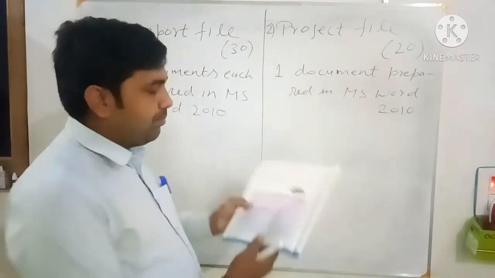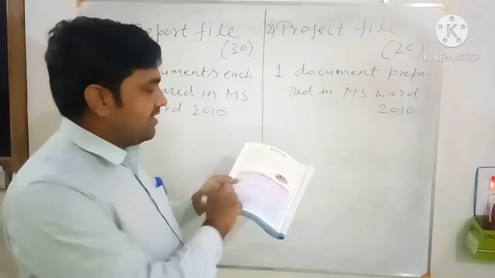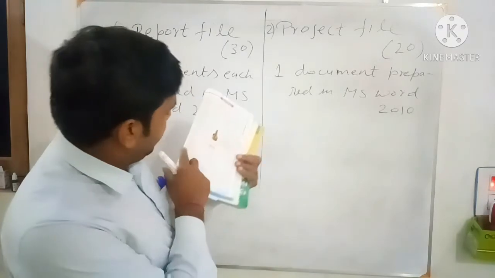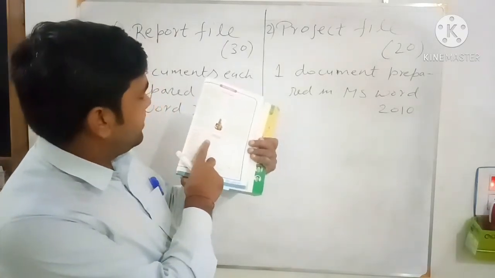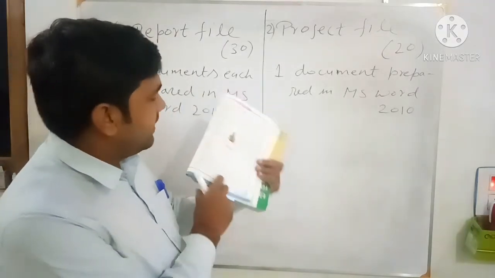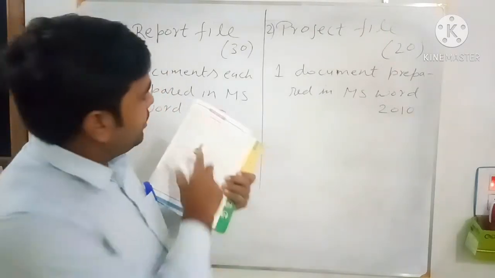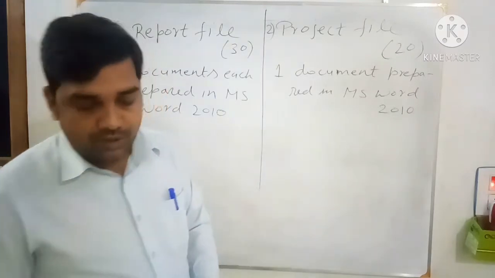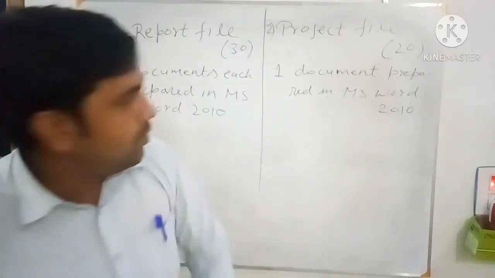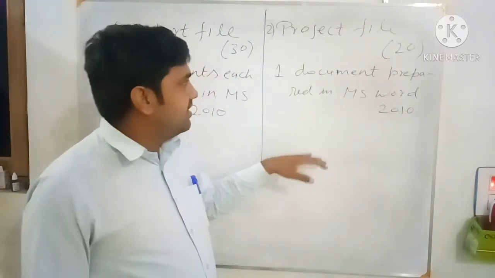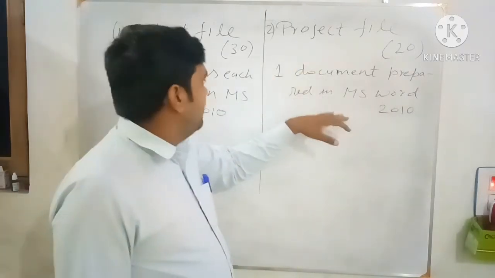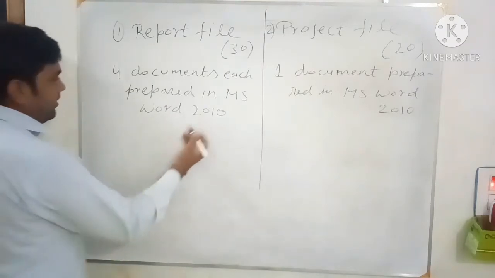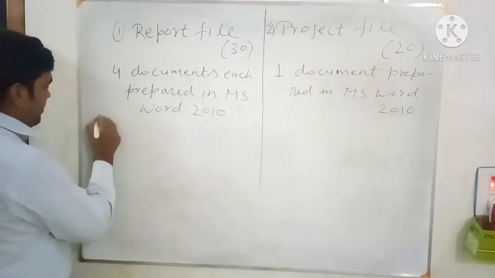But while preparing the project you have to write its steps also. As you can see, the instructions are given here: to write the article in a new document, set the page style, top margin, and so on. Whatever margin you have set, whichever style you have used, all of it you have to mention in the steps. So you have to write the steps for the project file and for the report file.